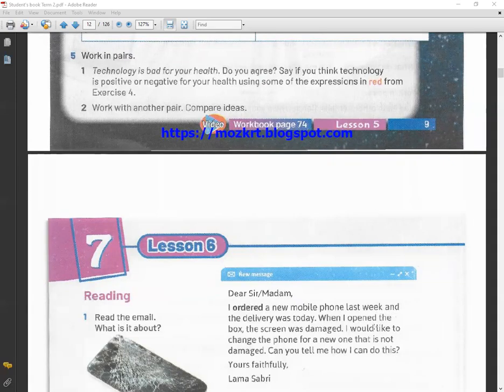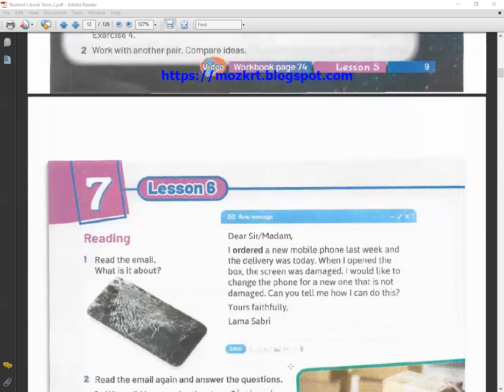When I opened the box, the screen was damaged. I would like to change the phone for a new one that is not damaged. Can you tell me how I can do this? Yours faithfully. It's not best wishes. It's yours faithfully, Lama Sabri.